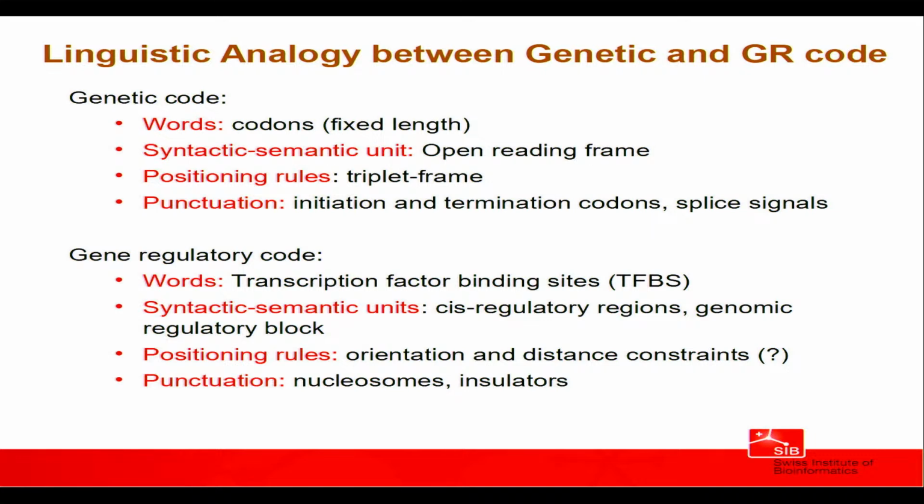And positioning rules, it's not clear to me whether we have, maybe we observe some orientation and distance constraints, and it's also not so clear whether we have something which corresponds to the punctuation signals of the genetic code, which are initiation, termination codons and splice signals. Maybe nucleosomes play a role, maybe not so much. They are somewhat enigmatic insulator elements.